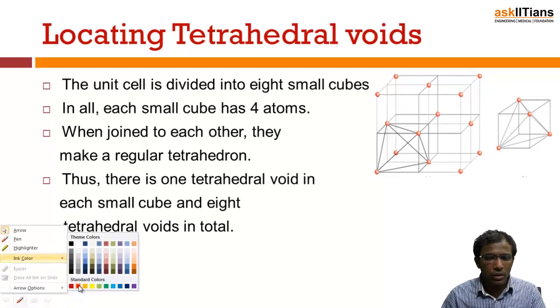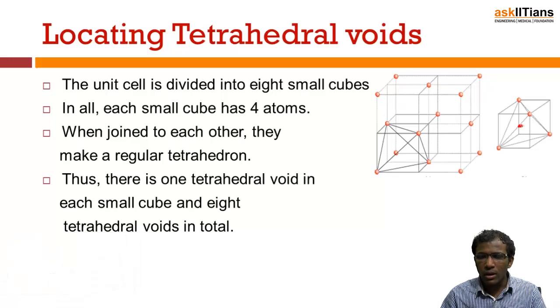Such small cubes are 8 in number, and each small cube has one tetrahedral void. So in this big cube we have 8 small cubes, each with one tetrahedral void.